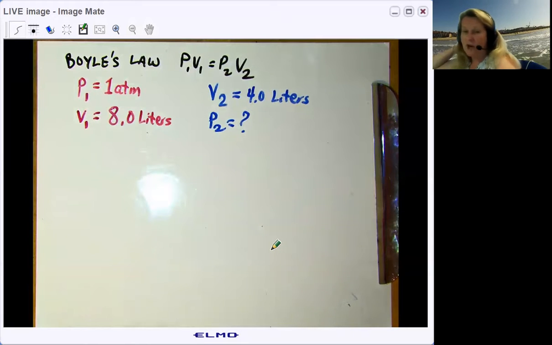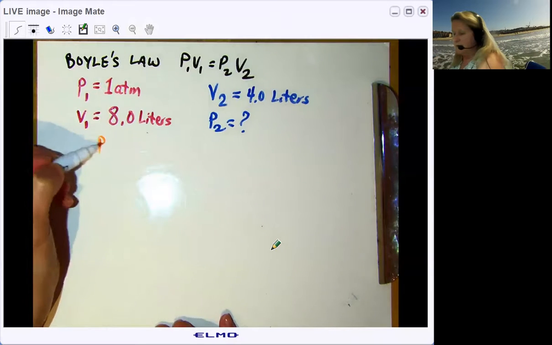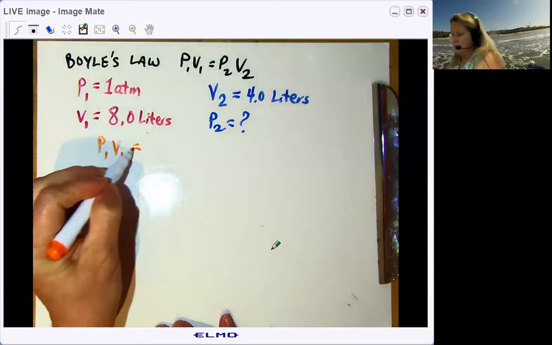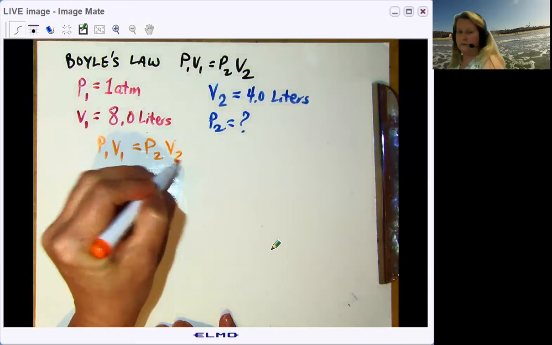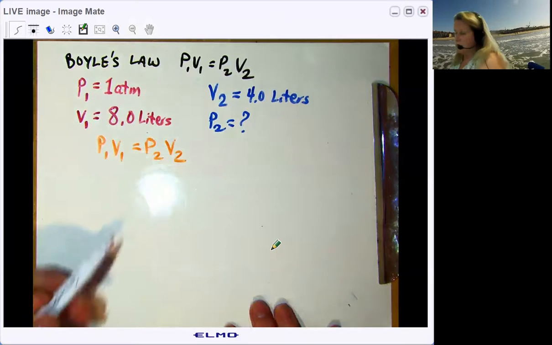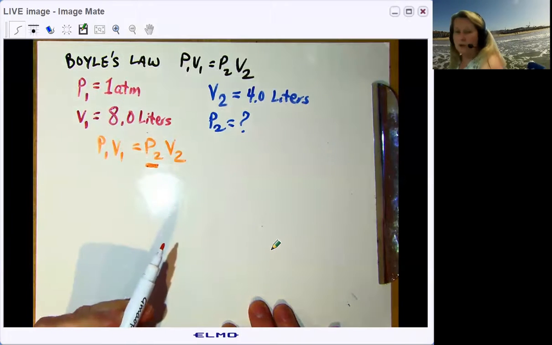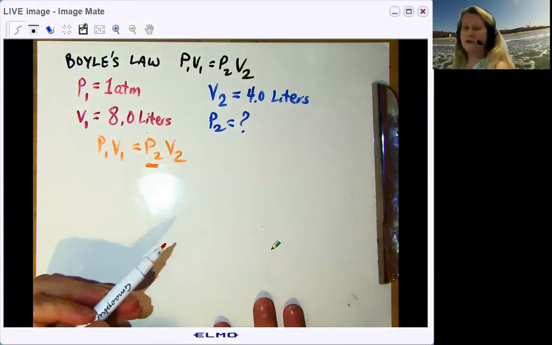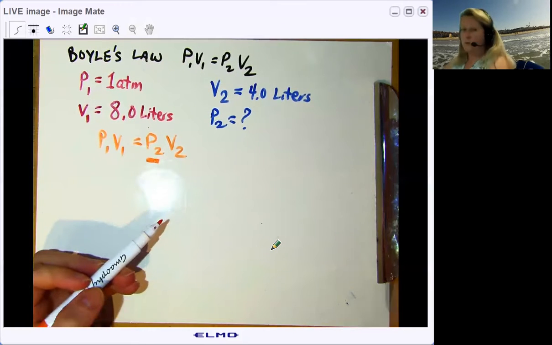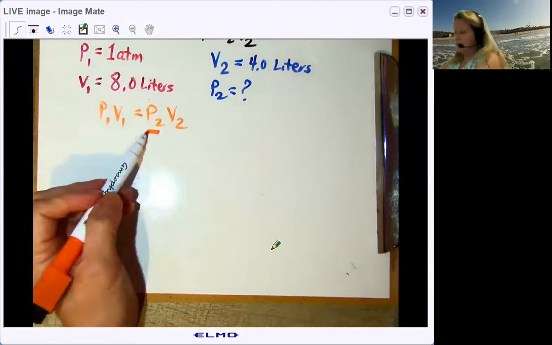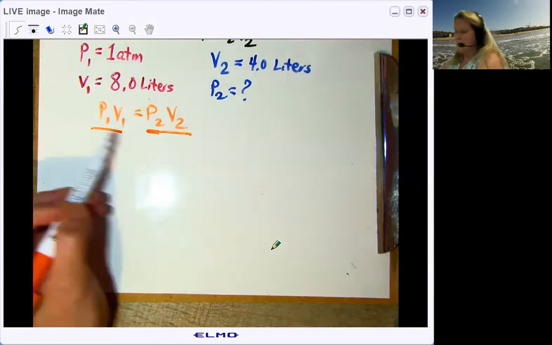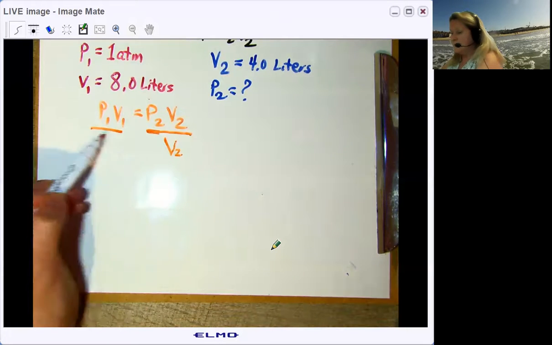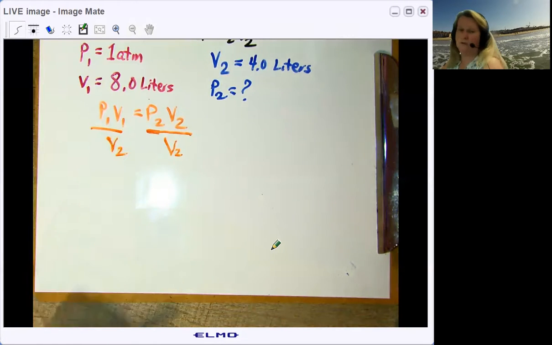So let's start by doing a little bit of algebra. So let's recopy this equation. P1V1 equals P2V2. Okay. And what we're trying to find here is P2. So we want to get P2 alone on one side of the equation. And the easiest way to do that is to divide, remember your algebra, both sides by V2.